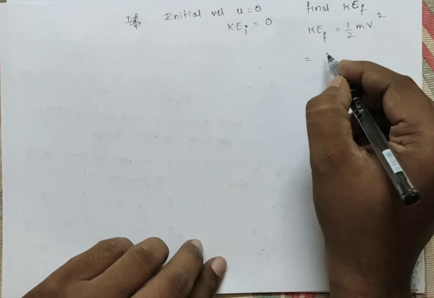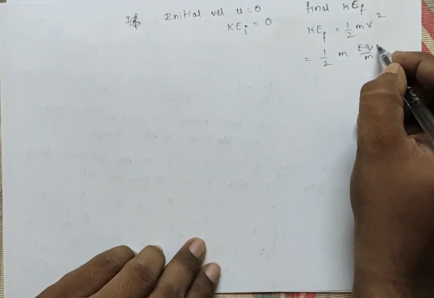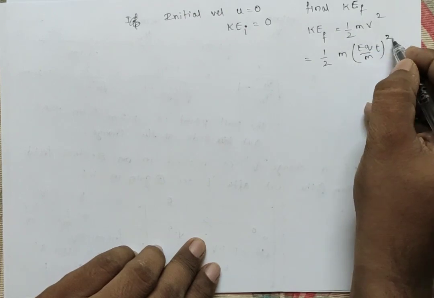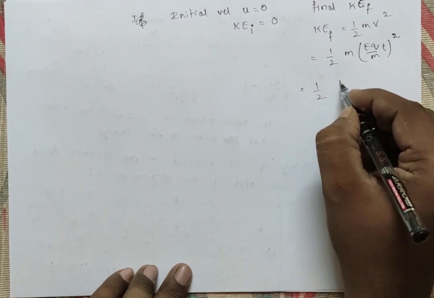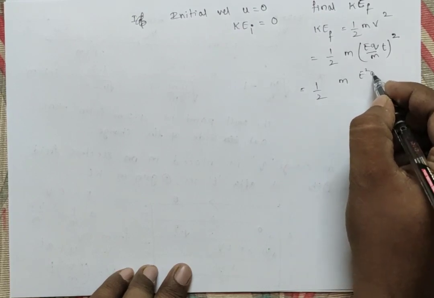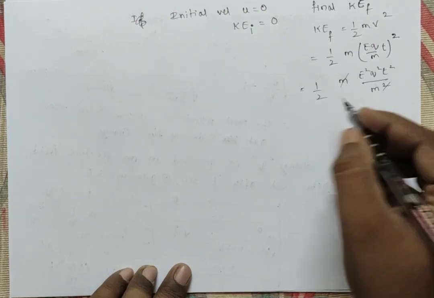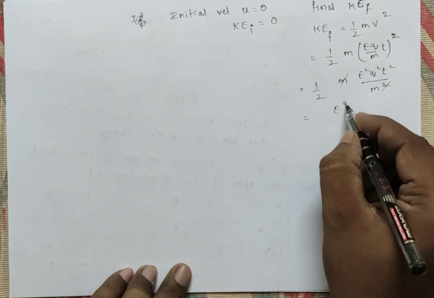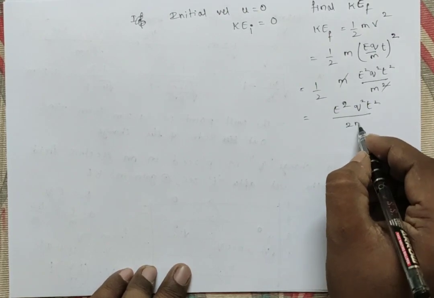That is, we can write half m into (EQ by m into t) whole squared, which is the final velocity square. Then you will get half m E square Q square t square by m square. Then m cancels, so you can write E square Q square t square by 2m.